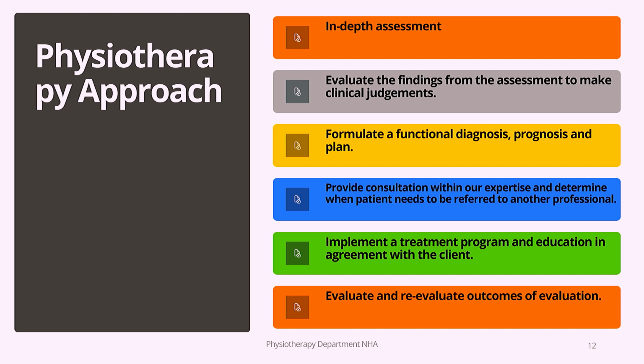All of this helps us to evaluate the findings from this assessment to make a clinical judgment about the patient. After we have done that, we formulate a functional diagnosis, prognosis, and a treatment plan.